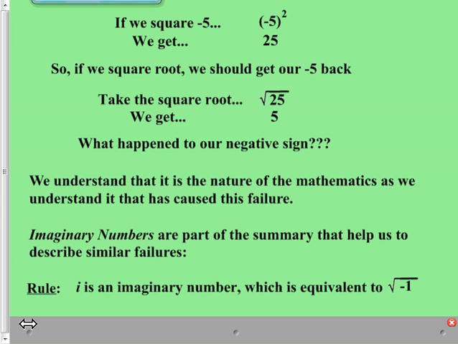So the rule here is, i, which is an imaginary number, is equivalent to the value of the square root of -1. We don't understand why a value ought to have a negative underneath a radical. We understand that the math of this situation is going to fail us. But until another Albert Einstein or somebody like that comes along and comes up with something brilliant that solves the problem for us, we have a value that is assigned to it, and that value is i.